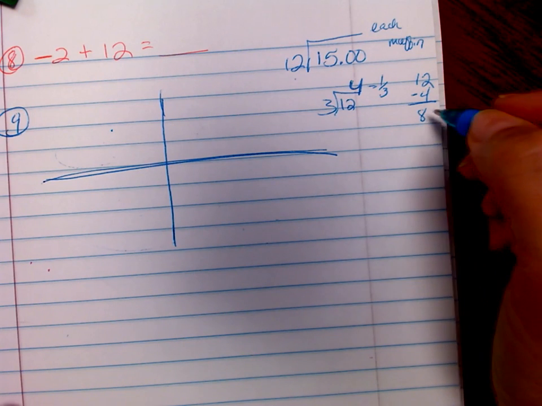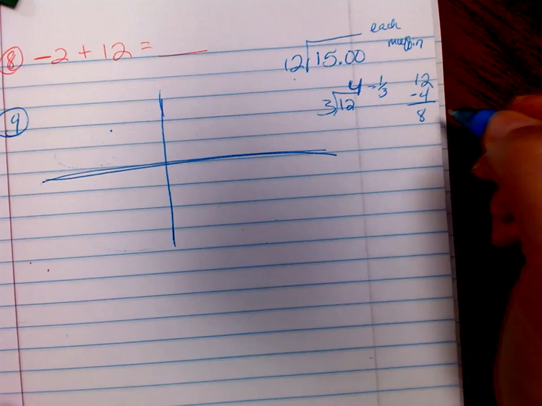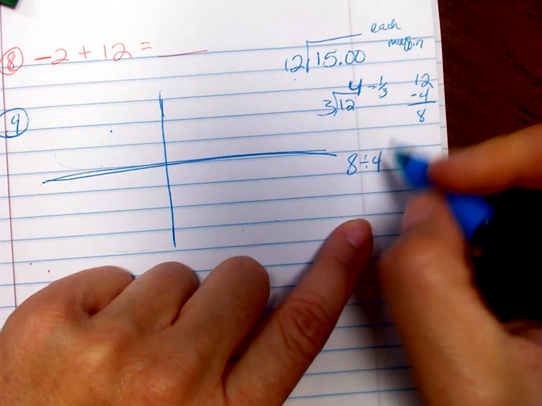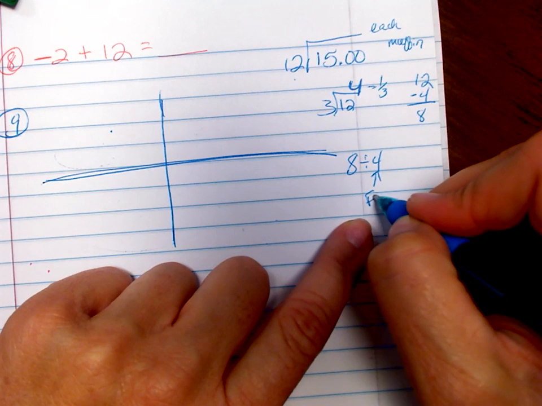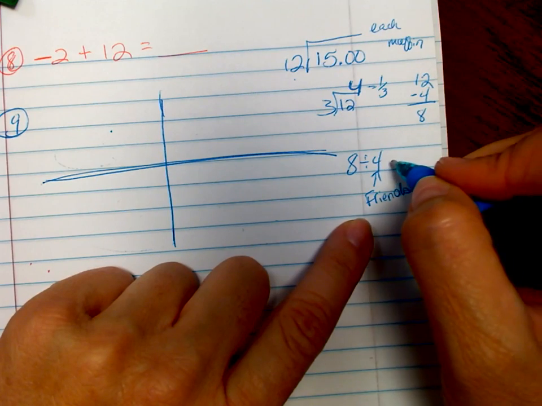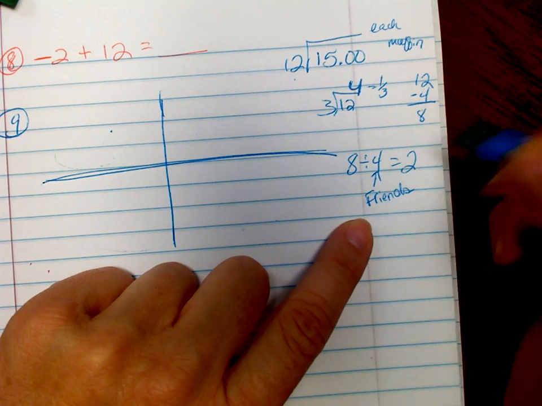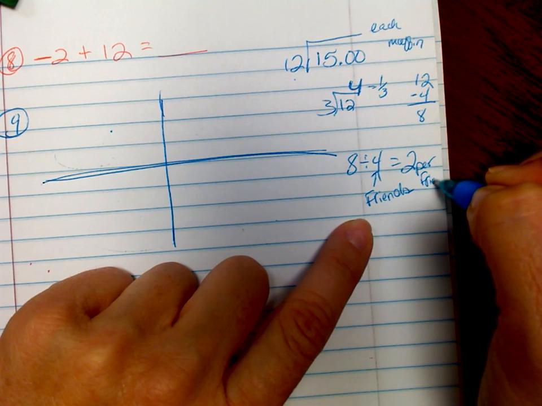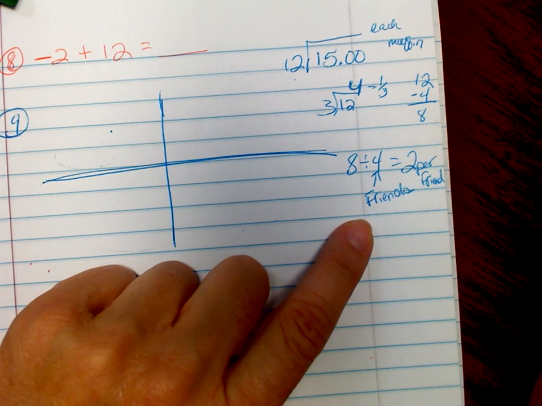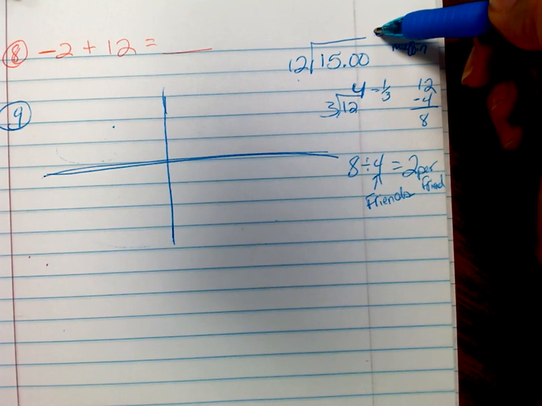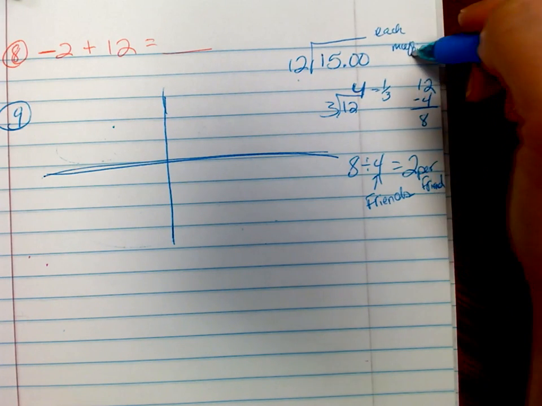So 8 muffins divided among the 4 friends. So you're going to have 8 now divided by 4 because this is his friends. And so it equaled out to be 2 per friend. And once you find out how much each of them are, that would be for each muffin.